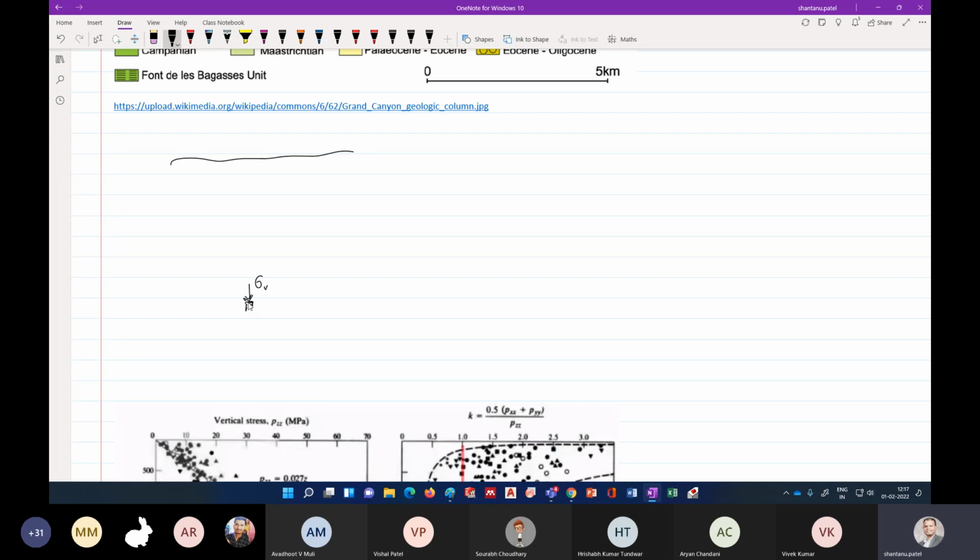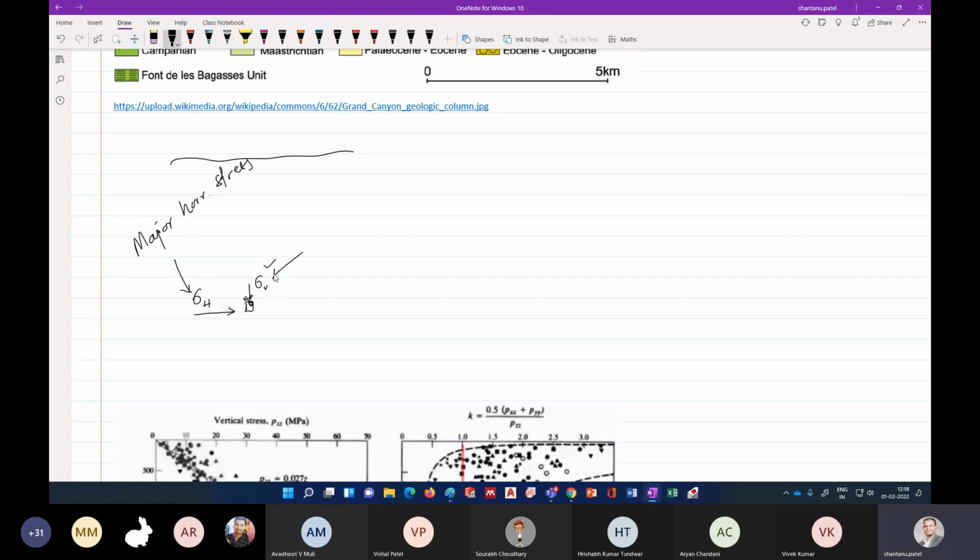If you put something here, the stress applied in the vertical direction is your vertical stress, and the stress applied in this direction is your horizontal stress. Maybe this is the capital horizontal stress, sigma H. This is the major horizontal stress.